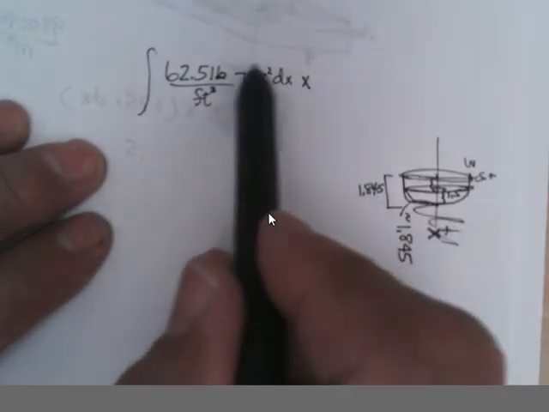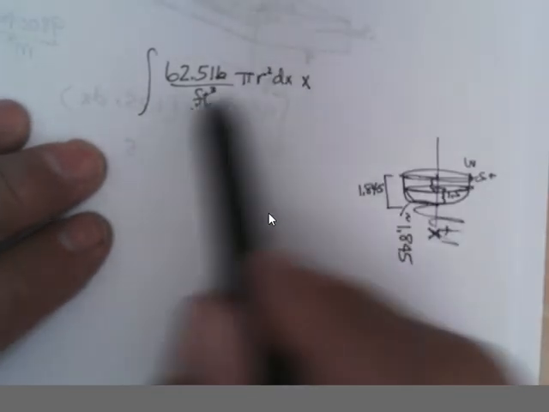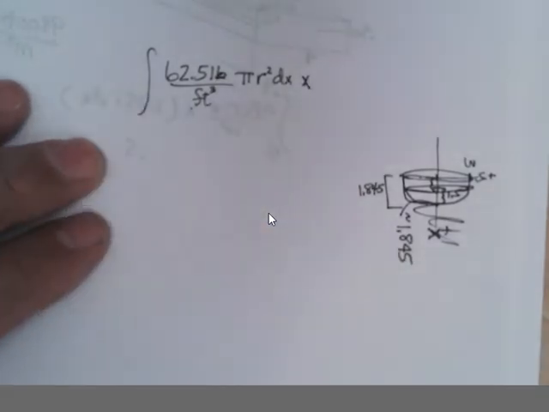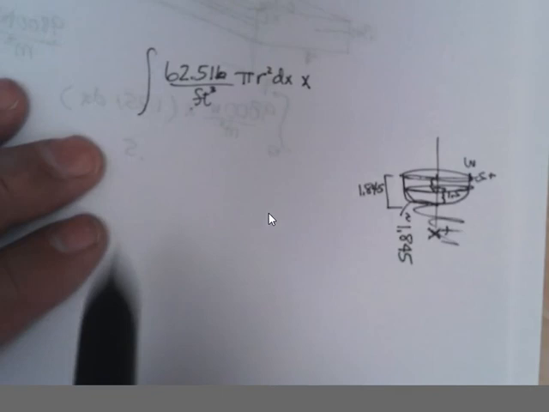So these volume units will cancel the feet cubed, and this will be in feet, so we'll get foot-pounds, which is work in the English system, a foot-pound.